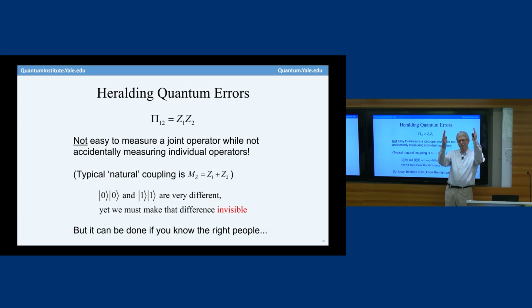There's much more energy in this state than that state, and yet this operator treats them as the same. It can't tell the difference. So I got to do something very clever to learn whether they're the same without learning what state they're in. Is that clear? Okay, so you have to have clever experimentalist friends.